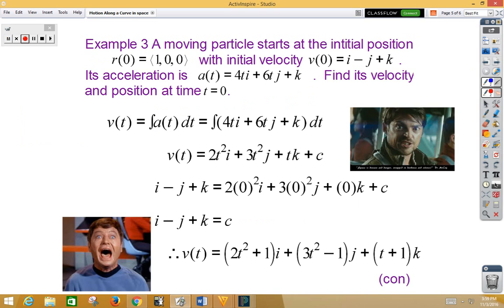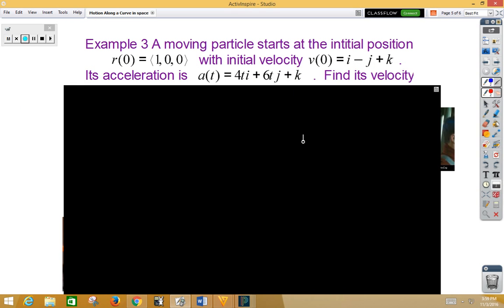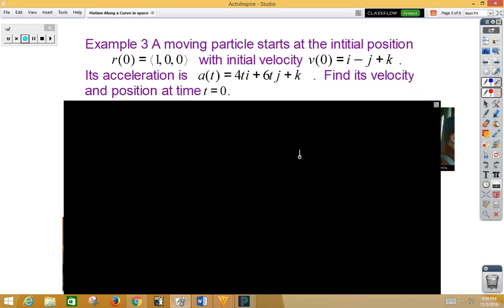In example 3, a moving particle starts at the initial position r of 0 is 1, 0, 0 with initial velocity v sub 0 of i minus j plus k. Acceleration is 4ti plus 6tj plus k. Find its velocity and position at time t.